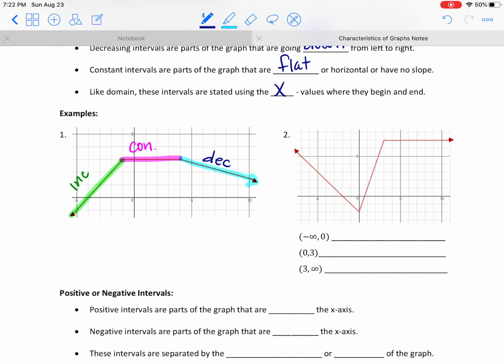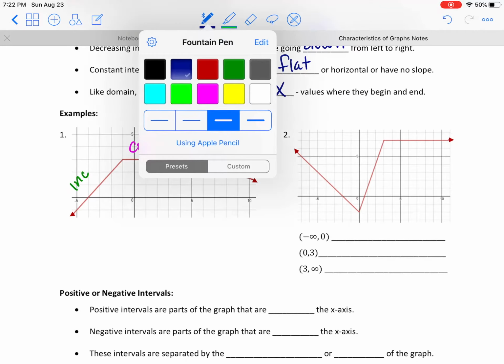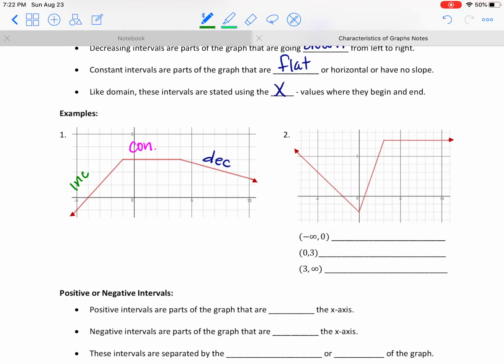So now, how do I identify where those intervals are? What we want to do is use the x values that correspond with where those intervals start and stop. Now let me get rid of these highlights just so I don't get too messy. So this first piece that we said was increasing is going forever this way and then stopping here.